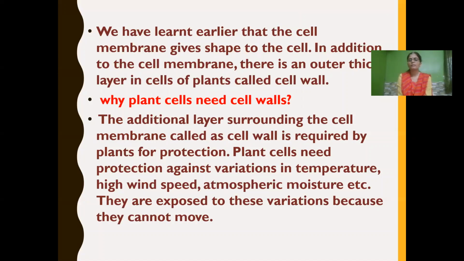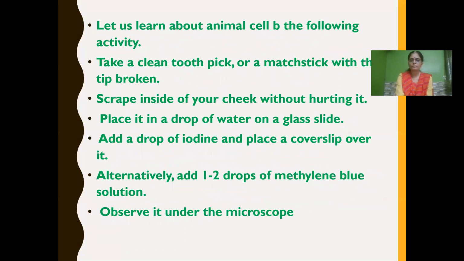So what is the reason why plant cells have a cell wall? Plant cells need protection against variations in temperature, high wind speed, atmospheric moisture, etc. As they are exposed to these variations because they cannot move, they need the cell wall for protection.